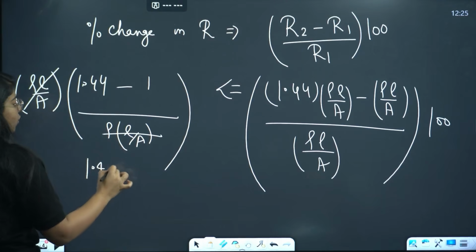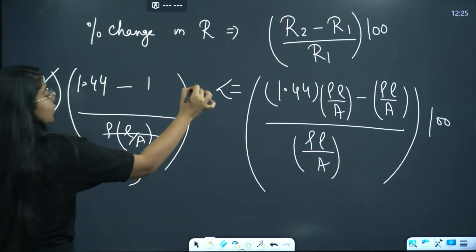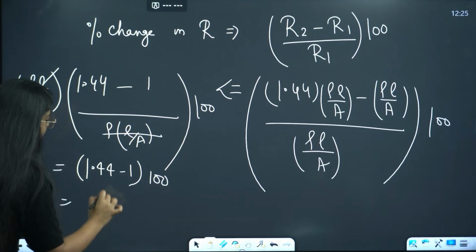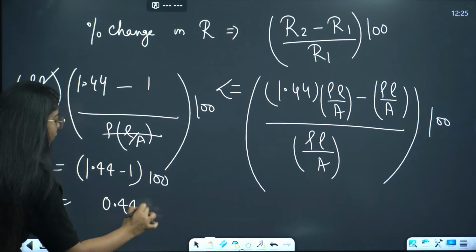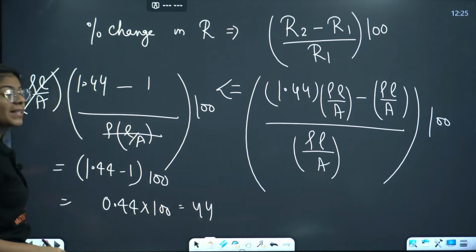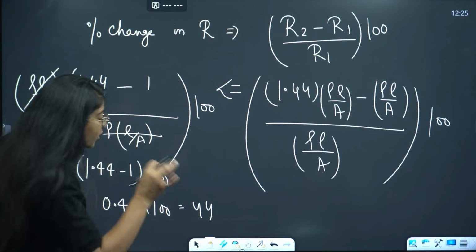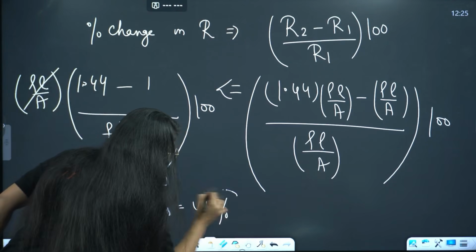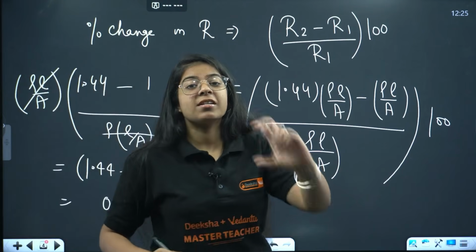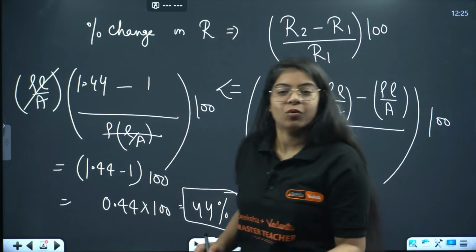So (1.44 minus 1) into 100, so that is simply 0.44 into 100. That is 44. So percentage change in resistance is 44%. At the end you have to write that percentage change in resistance will be 44%.